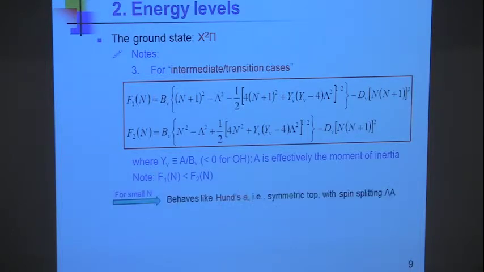So this is just a reminder that when N is small, you can look at these equations and convince yourself it's equivalent to a symmetric top with spin splitting lambda A that I introduced earlier. Lambda A, remember it's lambda sigma, but the sigma is one here.